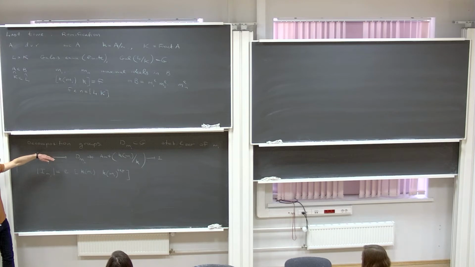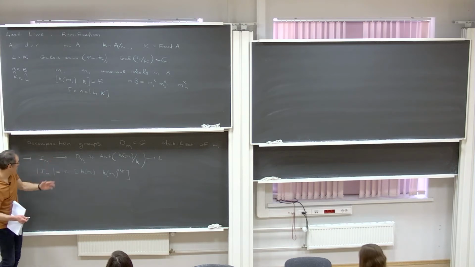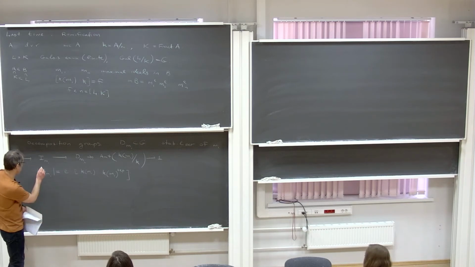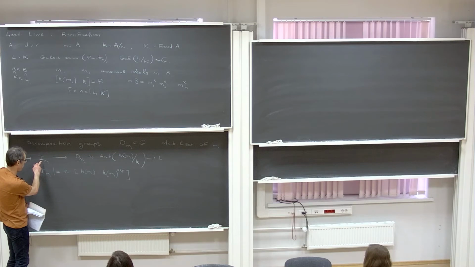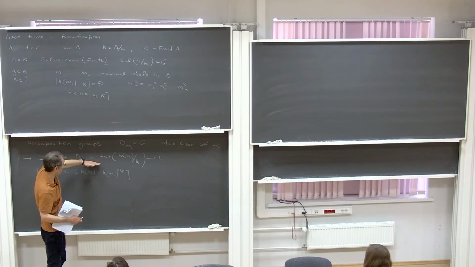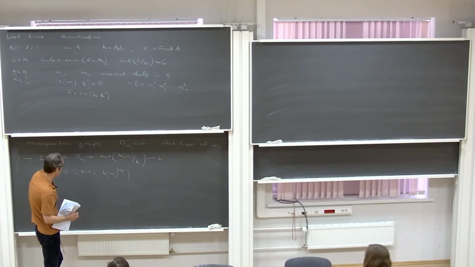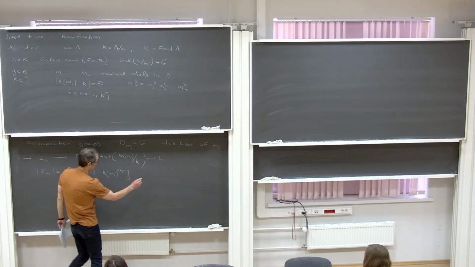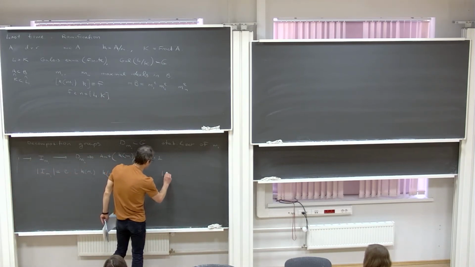Okay. So let's see. So this follows immediately from this formula and from this short exact sequence. So what is the order of D of Mi?